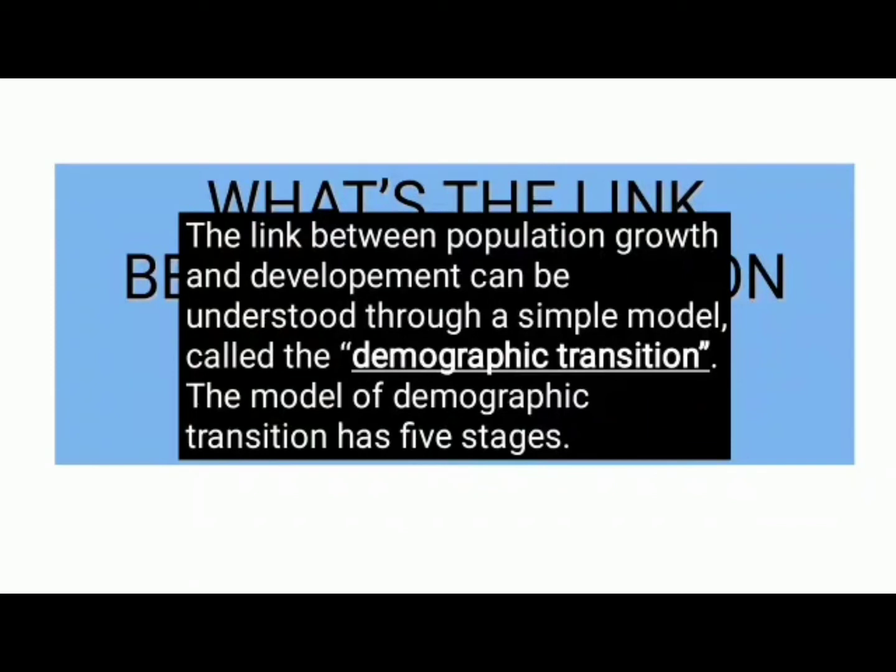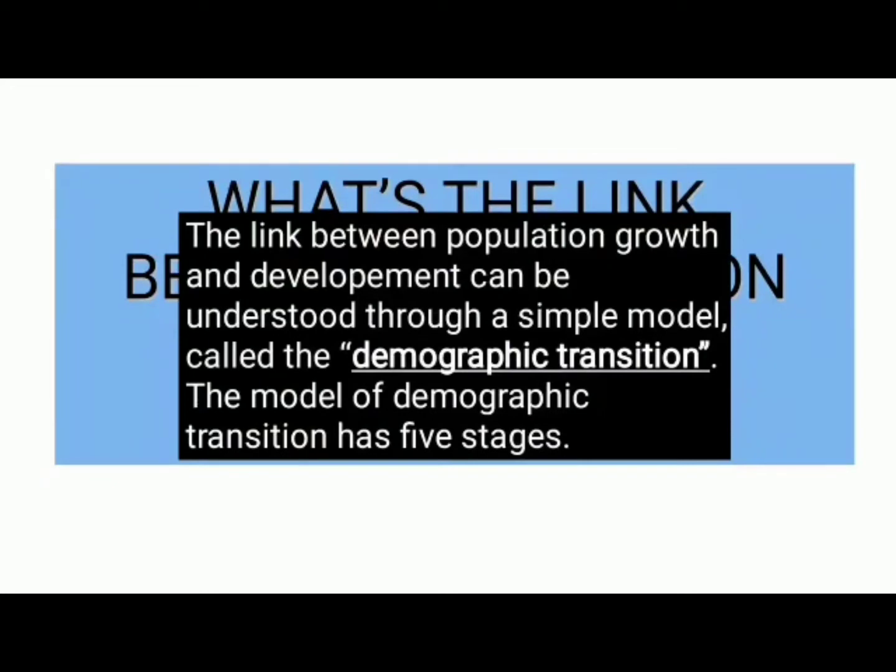Demographic transition is based on historical population trends of two demographic characteristics, birth rate and death rates, to suggest that a country's total population growth cycles through stages as that country develops economically.